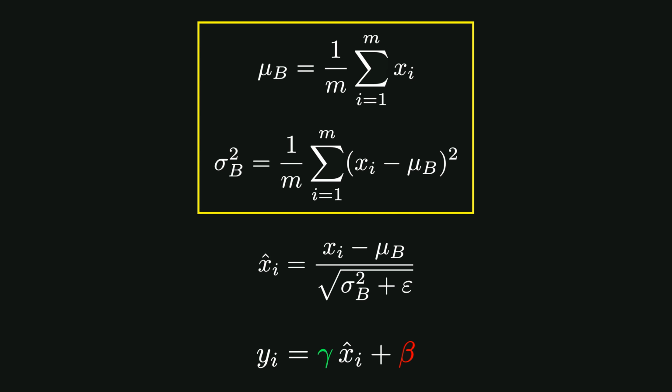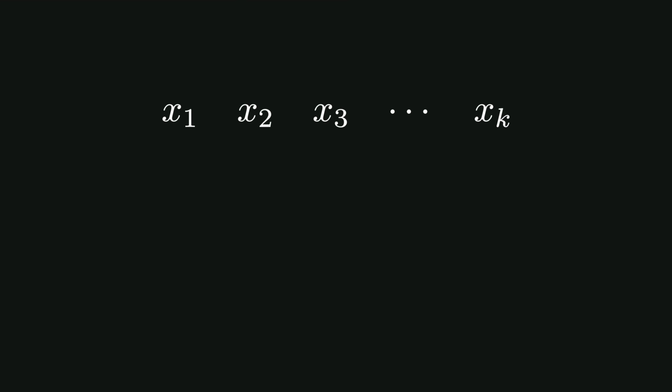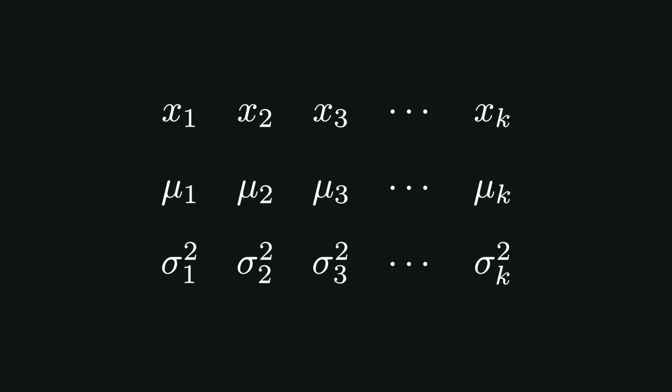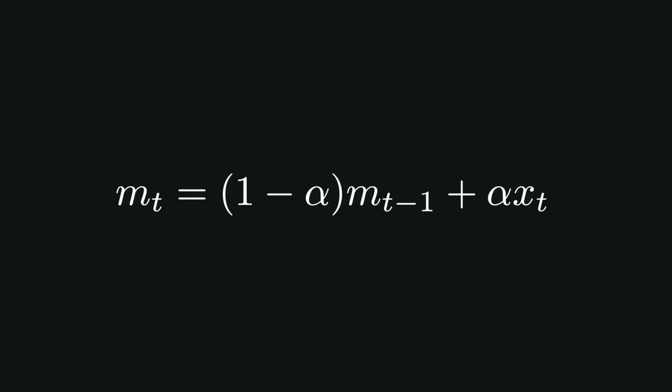So while training, we form mini batches for a particular layer and find the batch mean and the batch variance. Now, the goal is to maintain a moving average of these values. The formula for that looks like this. It's recursive in nature.